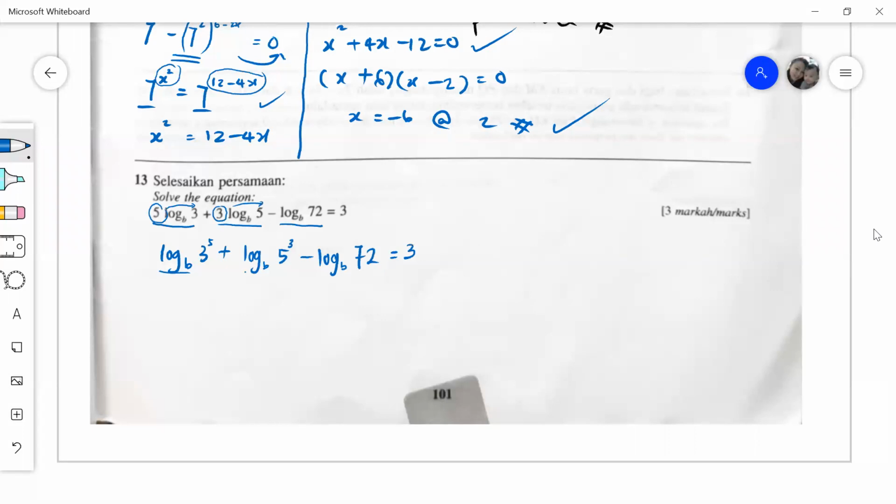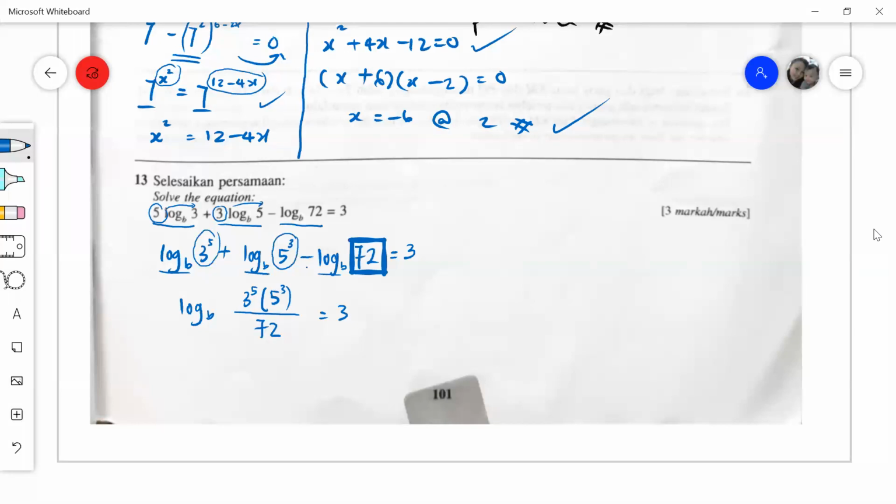Same log base b, when it is plus, the subject need to be multiplied, and when it is minus, its subject need to be divided. So we will have log base b 3 to the power of 5 times 5 to the power of 3 divided by 72 equals to 3. This one, use calculator to simplify.